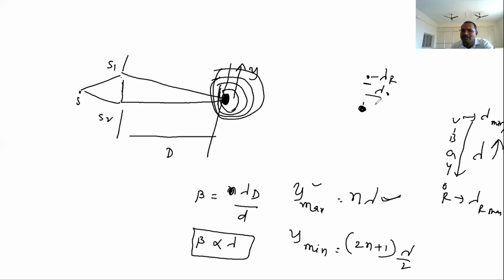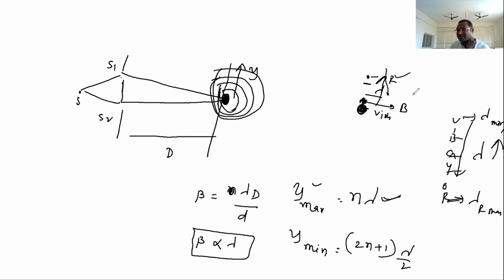Last one, violet color will be there, and before violet, indigo and blue. From the central maxima, first the blue color maxima will be there. Next, green color will be there. Next, yellow color will be there. Last, orange and red color will be there. Last maxima, I am talking about.